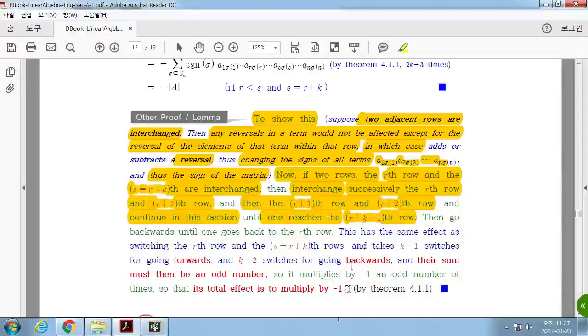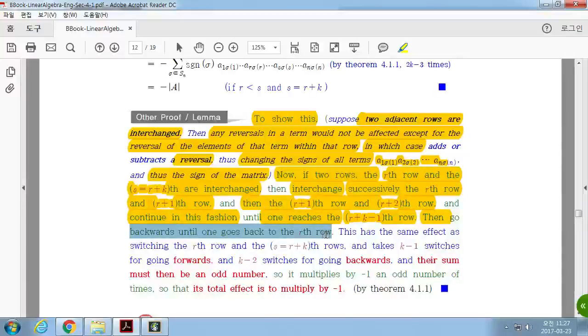Then actually the R-th row went to the S-th row. Then the S-th row moved up to the S minus 1 row. Then from there you interchange the S minus 1 row upward, and once again, until it reaches the R-th row. Then you are done.